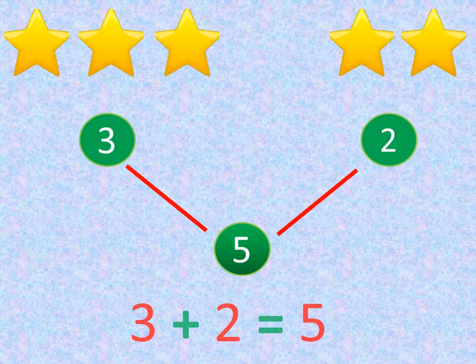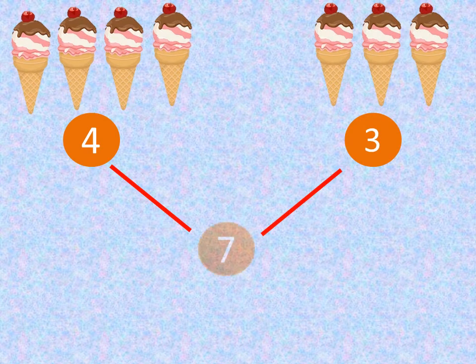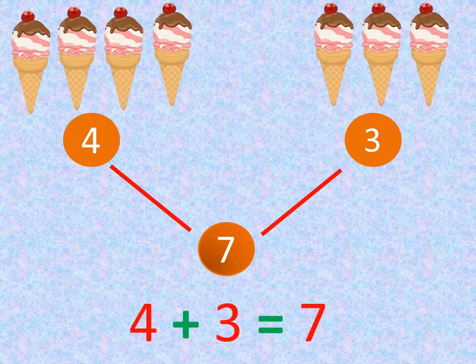We write it as 3 plus 2 is equal to 5. 4 ice creams, 3 ice creams. 4 and 3 make 7. So we call this 4 plus 3 is equal to 7.